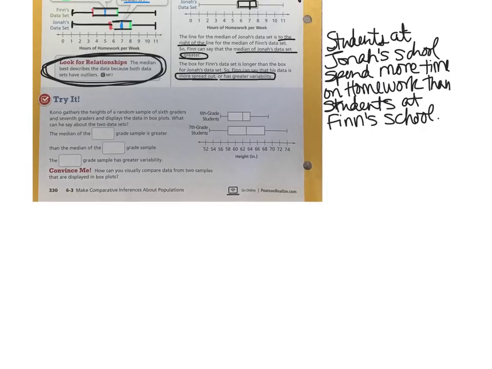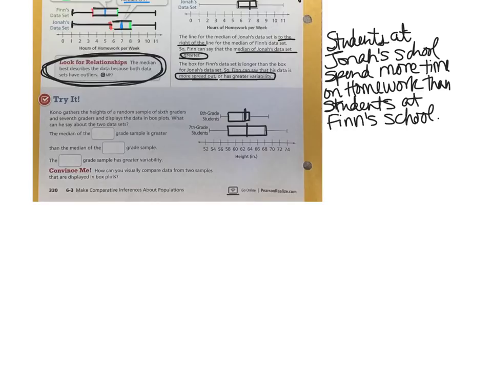Now let's take a look at the try it. Kono gathers the heights of a random sample of 6th graders and 7th graders and displays the data in box plots. What can he say about the two data sets? So the first thing that I want you to notice and look at are where the boxes are and how big those boxes are compared to each other. We also can notice the median of each data set.